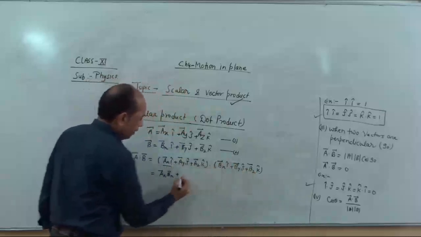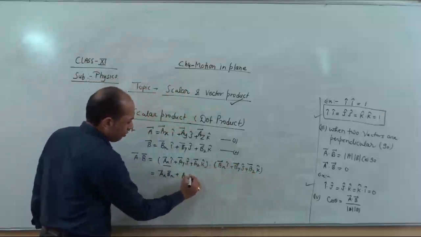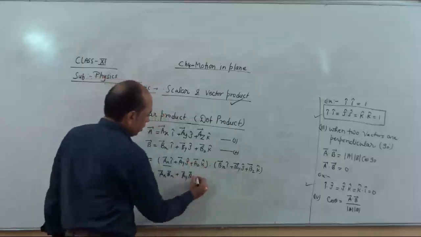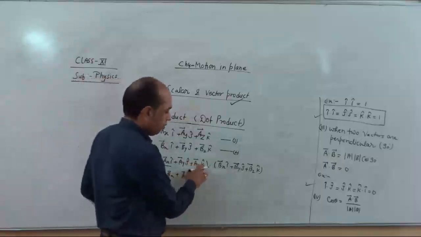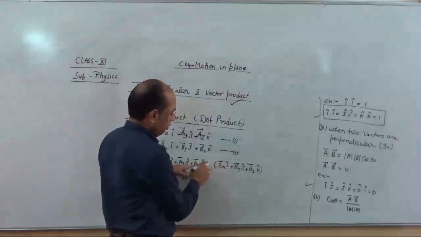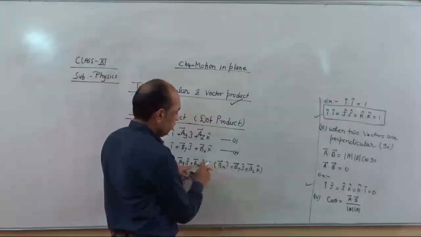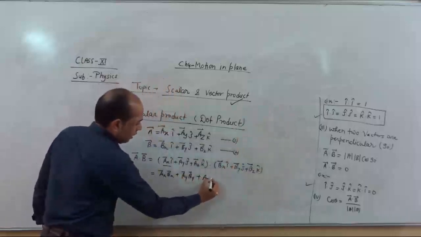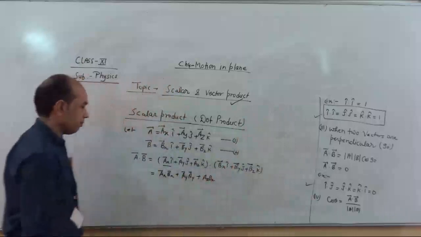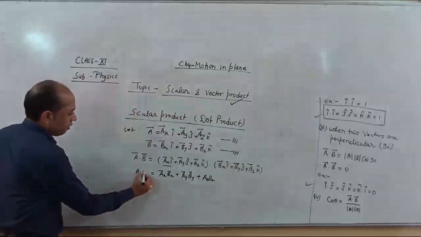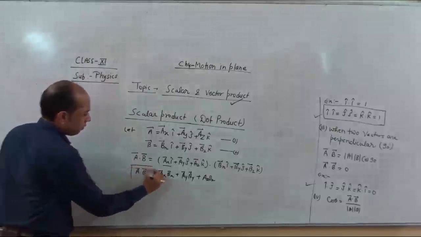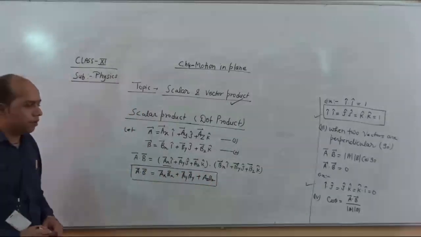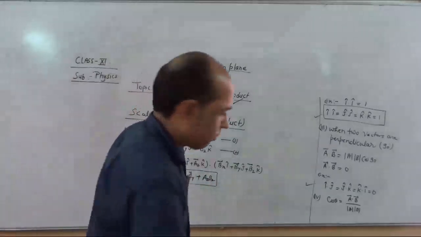So only the second term remains, ay by, and j dot j is equal to 1. And last one, az k. This multiplied with I is 0, k into j is 0, and k into k is 1. So this is az bz. So this defines the scalar, or we can say dot product. Next we come to vector product.